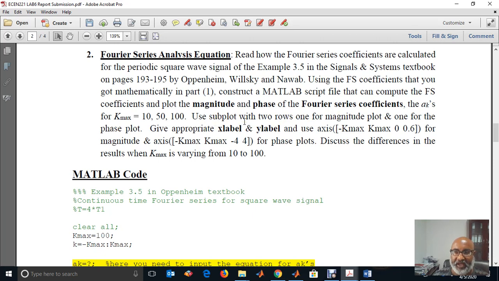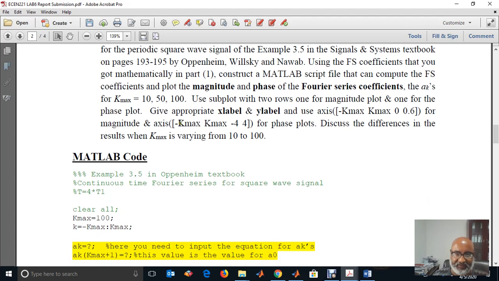Using the subplot command, the first row will be, for example, the magnitude of AK as a function of K, and the second row will be the phase of AK as a function of K. It is very easy in MATLAB: we have the abs function, which gives the magnitude, and the angle function, which gives the phase.